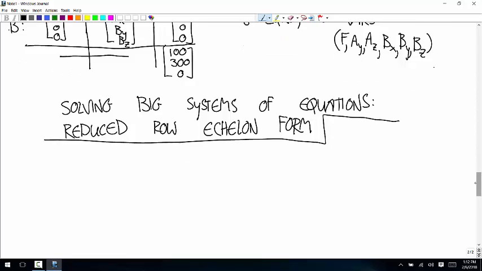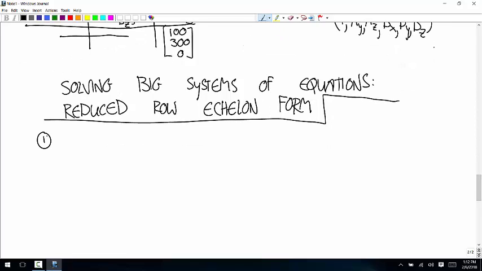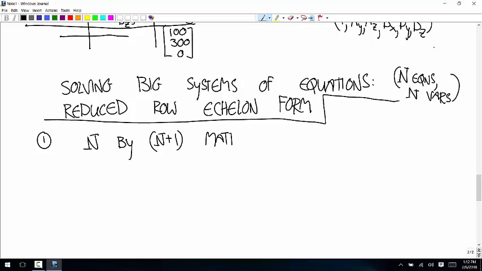So the way we're going to do it is we're going to first set up a matrix. By big systems of equations, let's say, so let's call it n equations for n variables. So what we want to do is set up an n by n plus 1 matrix. This is the number of rows in your matrix, and this is the number of columns.